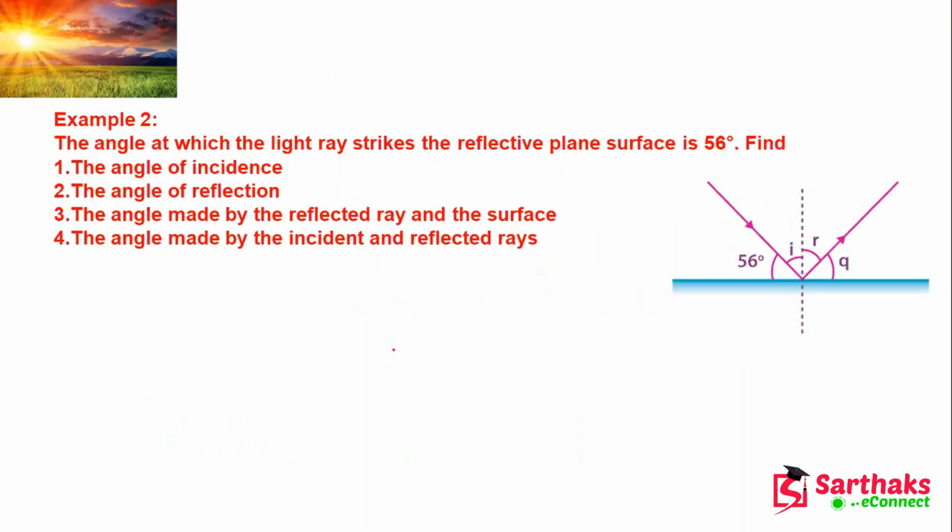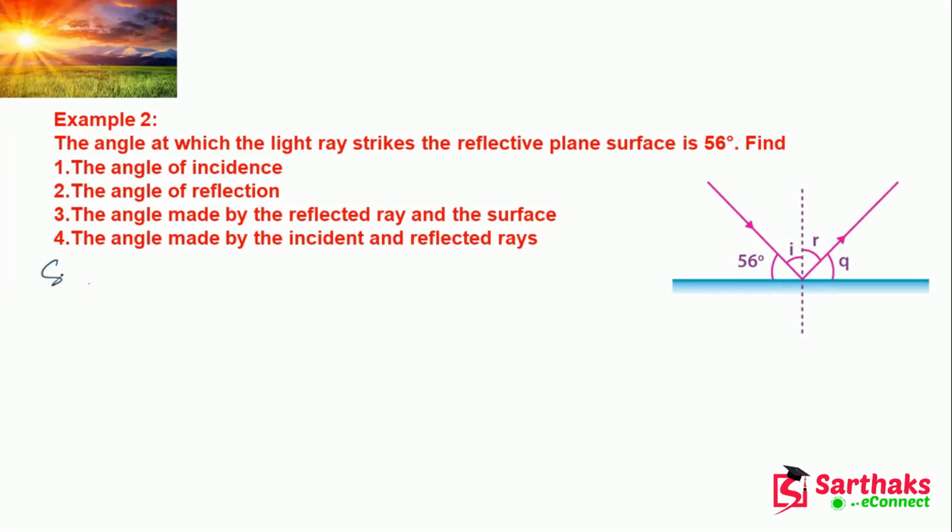Next, the angle at which a light ray strikes and is reflected from a plane surface is 56 degree. The question is, what are the different parameters you have to find out in this question? Here let me change the pointer color.